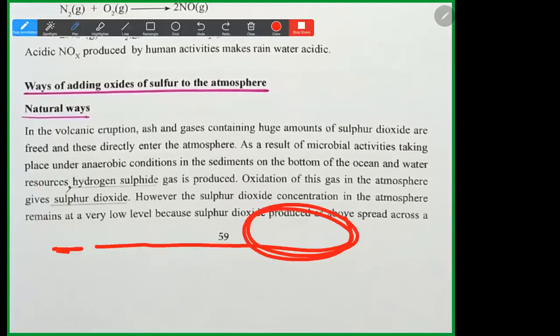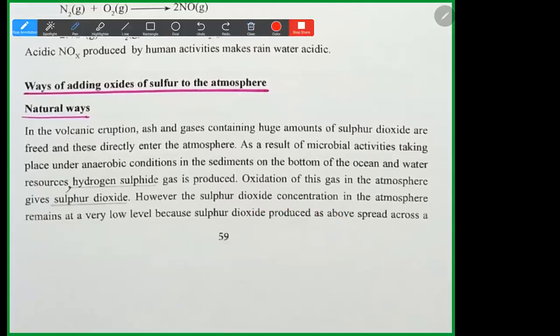Ways of adding oxides of sulfur to the atmosphere. Now let's see SO2 and SO3. Natural ways, again, the impact is less. In volcanic eruptions, ash and gases containing huge amounts of sulfur dioxide directly enter the atmosphere.